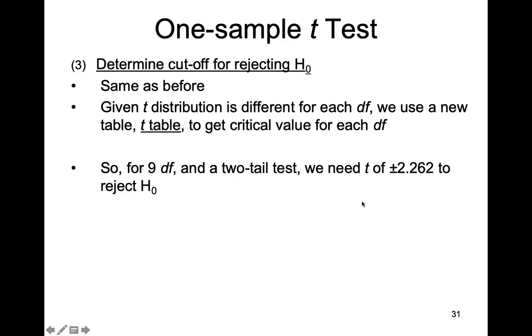All right, so those are our critical values for our two-tailed test. So when we do our t-test, we're going to need to get a t that we calculate that is either more positive than 2.262 or more negative than negative 2.262 in order for us to reject the null hypothesis.